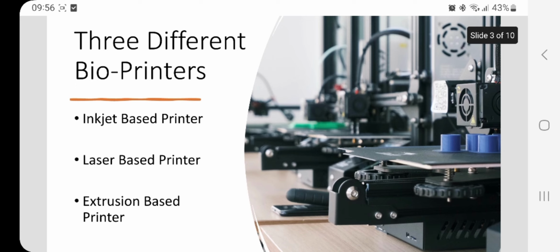The last type of printer is extrusion-based bioprinting. This bioprinter works by the bio-ink solution passing through a nozzle for a controlled stream.